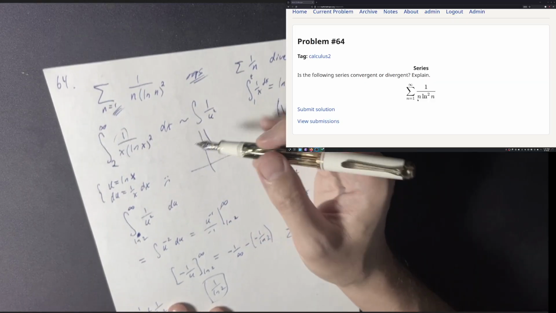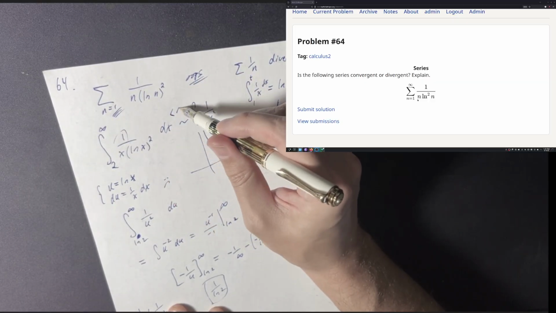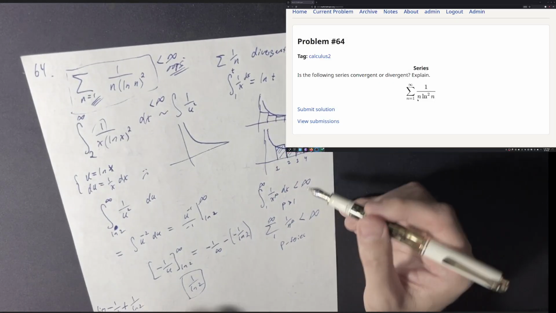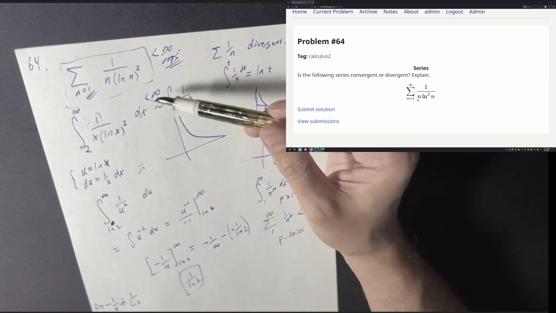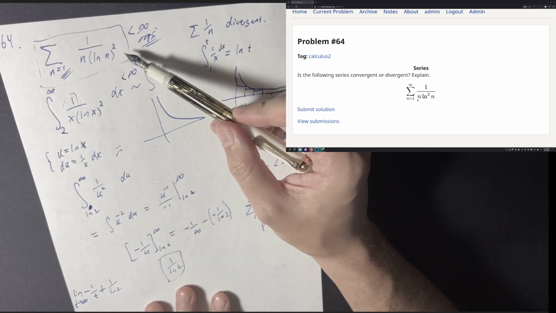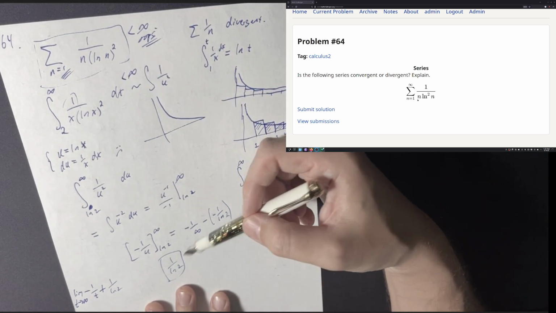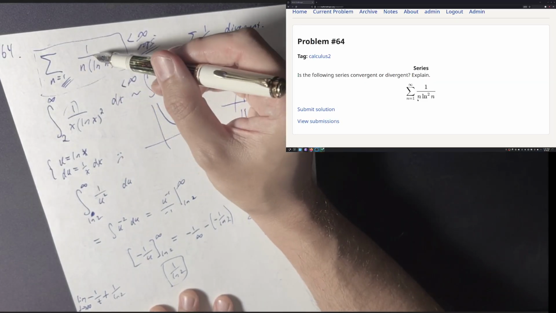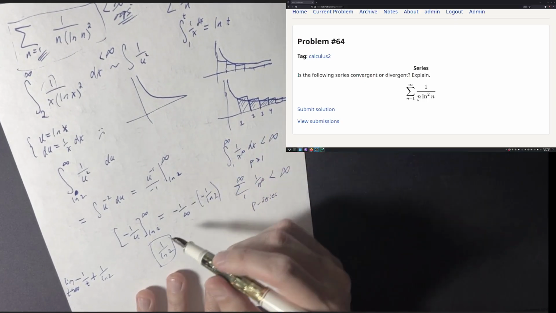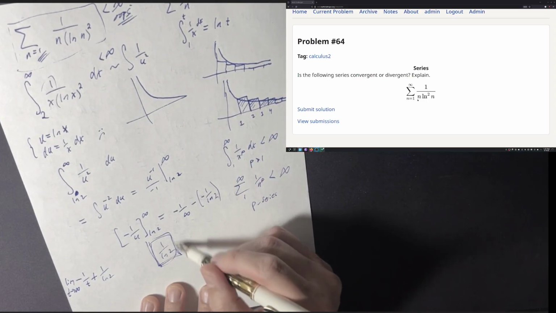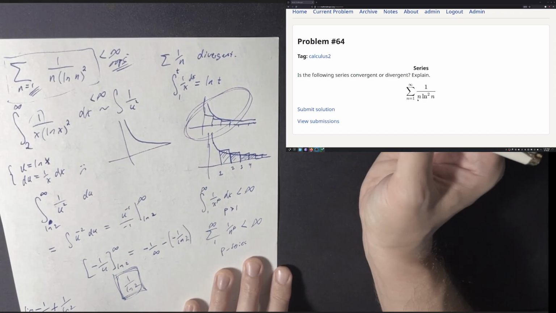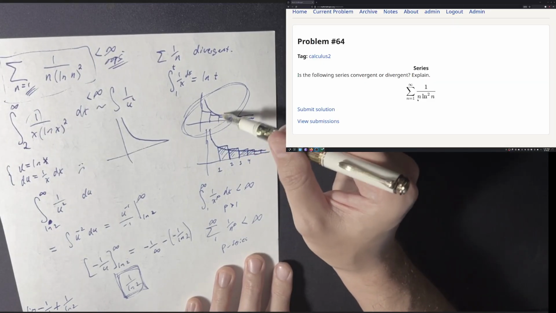Why do I care about that? This means this is finite, which means our series is also finite. So I usually call that an integral comparison. I'm not sure if that's the name. But by an integral comparison test, this guy is convergent. Of course, I don't know what it converges to, but I suppose you could argue that it's less than this, right? You could bound it in this manner using right-hand sums.